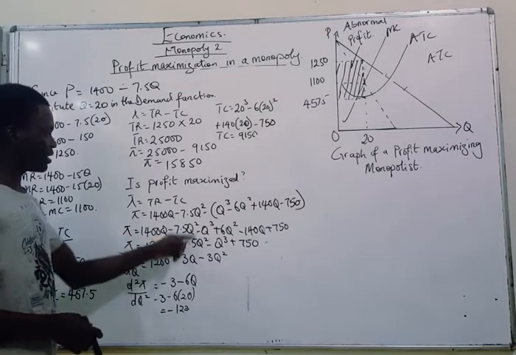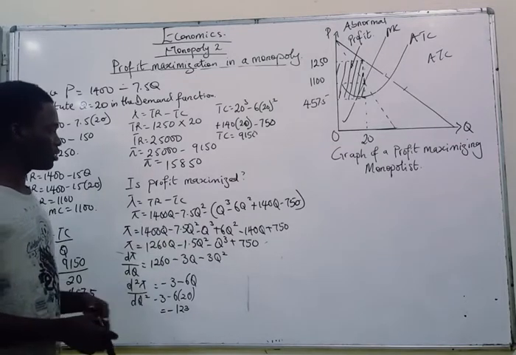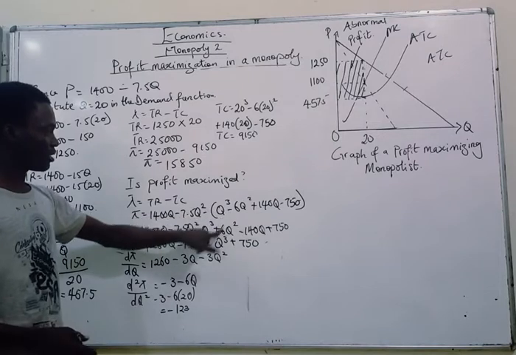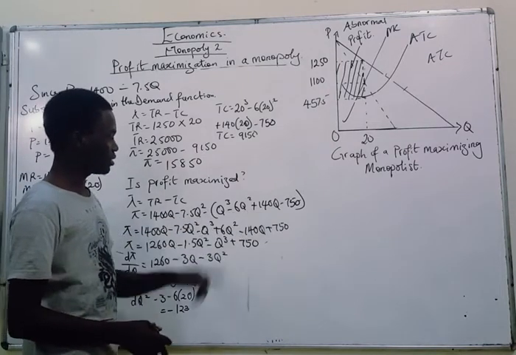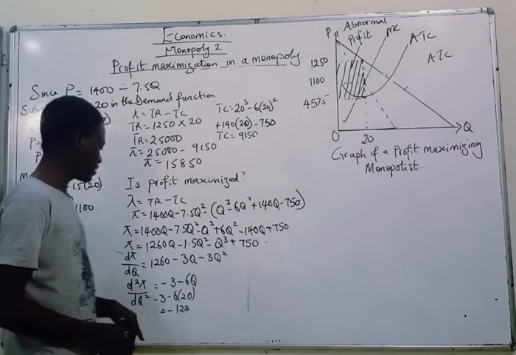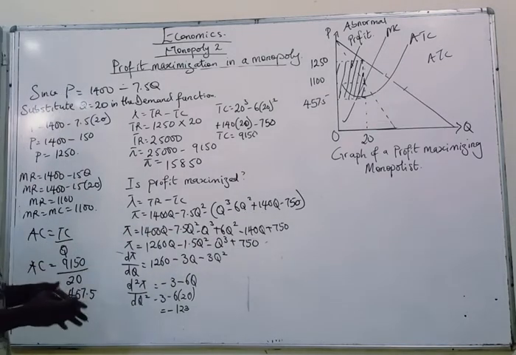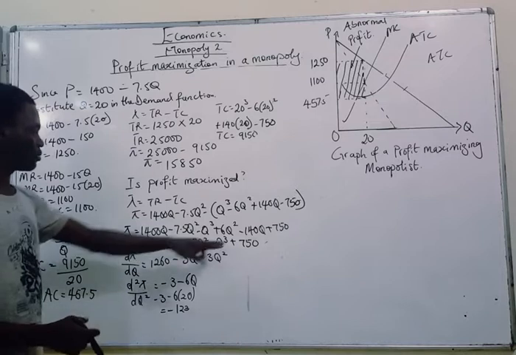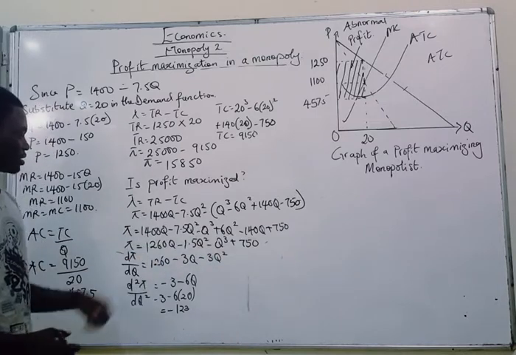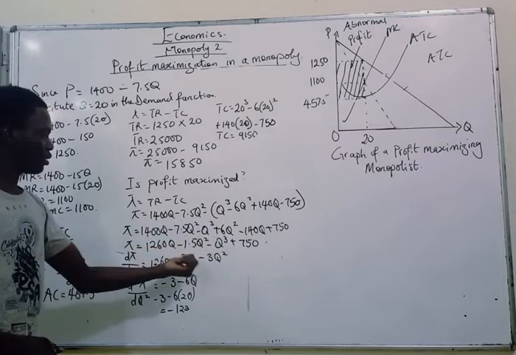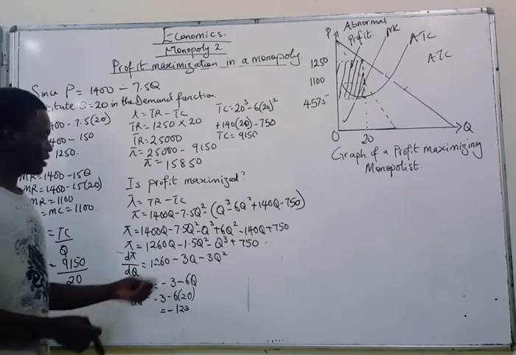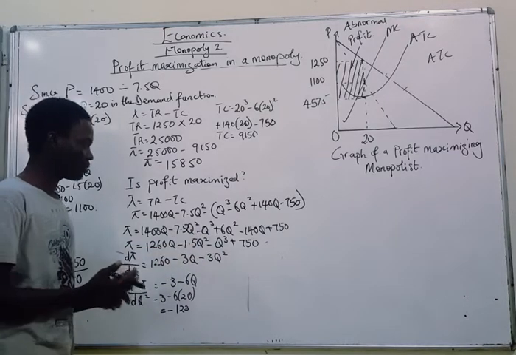So we repeat this, then minus multiply this, we have minus Q cubed, minus multiply this, we have plus 6Q squared, minus multiply this, we have minus 140Q, then minus multiply this, we have plus 750. Okay, so when we collect items, we have 1260Q minus this plus this, 1.5Q squared, then minus Q raised to 3, then plus 750.